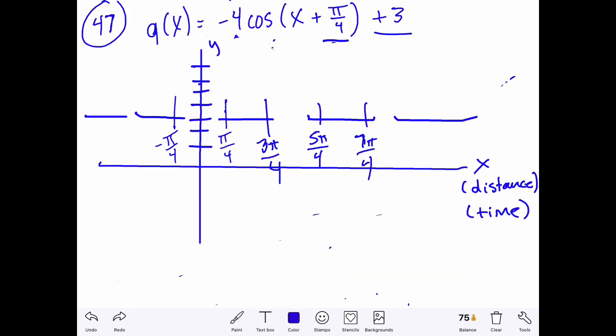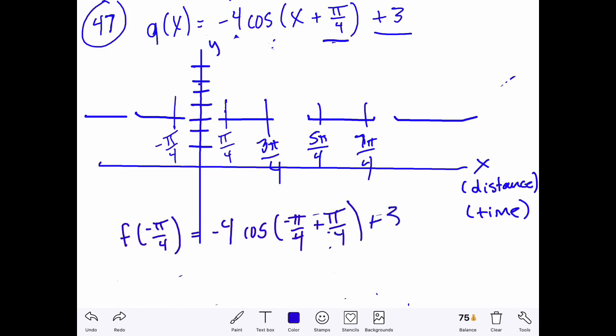Okay, and then of course I'd evaluate my points. F of negative pi fourths: negative 4 cosine of negative pi fourths plus pi fourths, plus 3. Well, that's the cosine of 0.